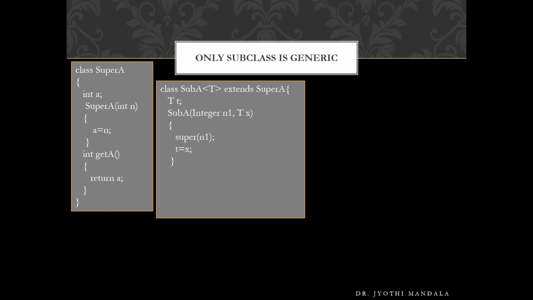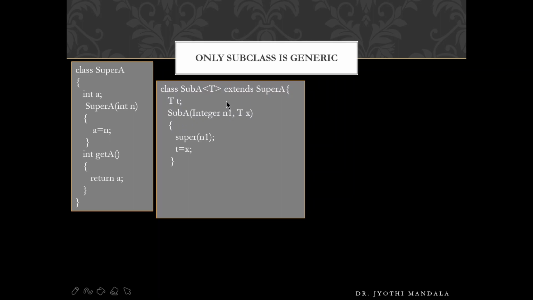Now if you see, for this subclass I am taking one more instance variable called t, and it is of type T. So whatever object you are creating, at that time you need to tell what the data type of this one is. Okay, and then I want to call this super A. Always remember, this superclass constructor requires an integer value only.